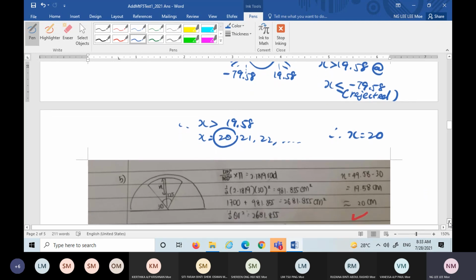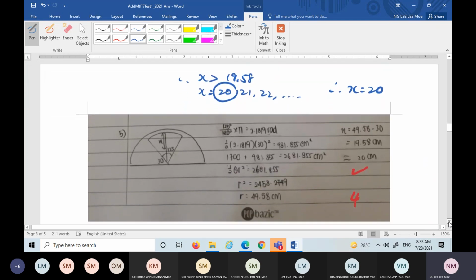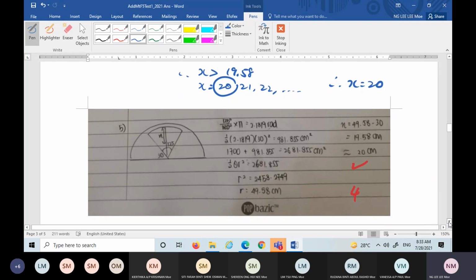This one I don't know whose answer it is, I cannot remember, but you can see her working is quite simple. First of all, she finds the smaller area, this part, by using this.